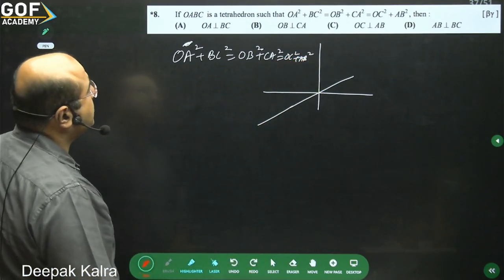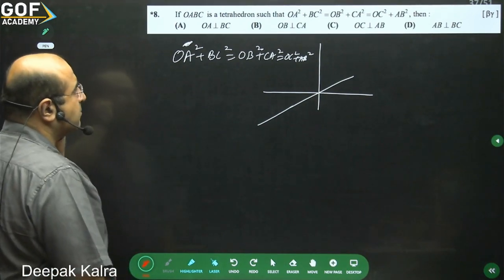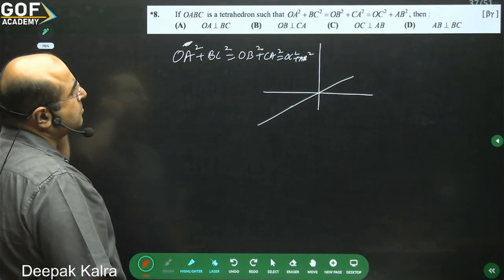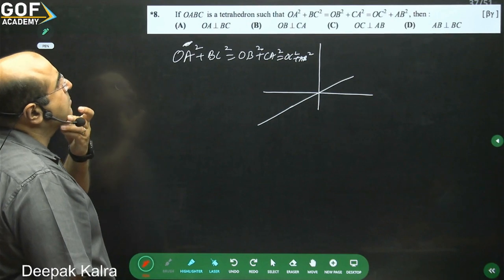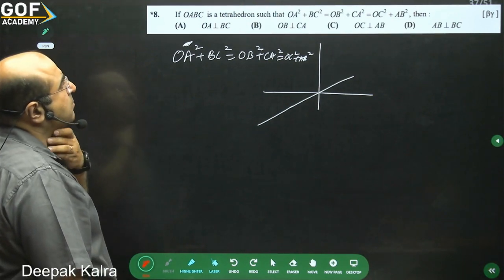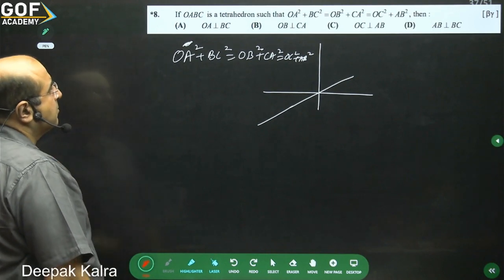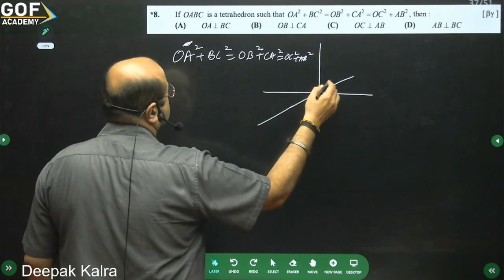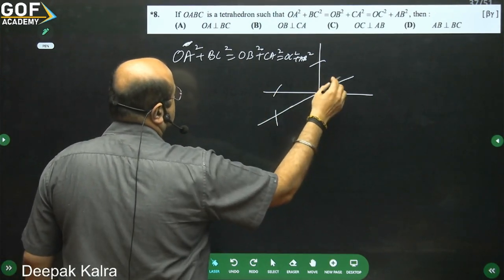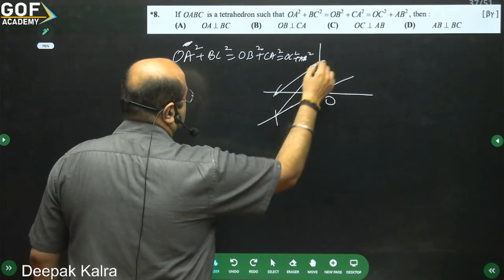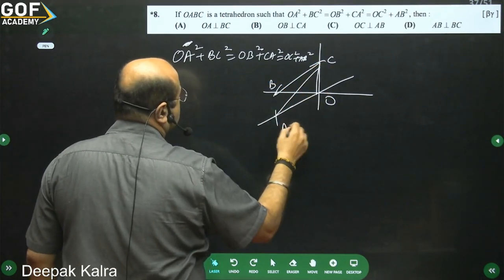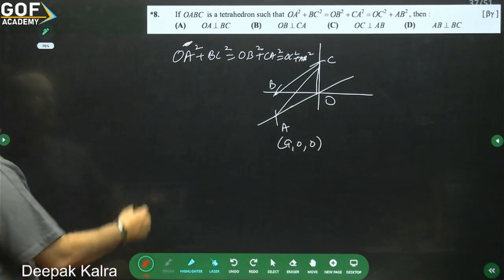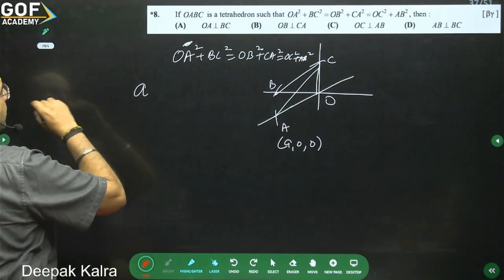OABC is a tetrahedron such that OA square, which thing you will match? I will take it OA as some A. Let us suppose A is taken here, so OA is A i.